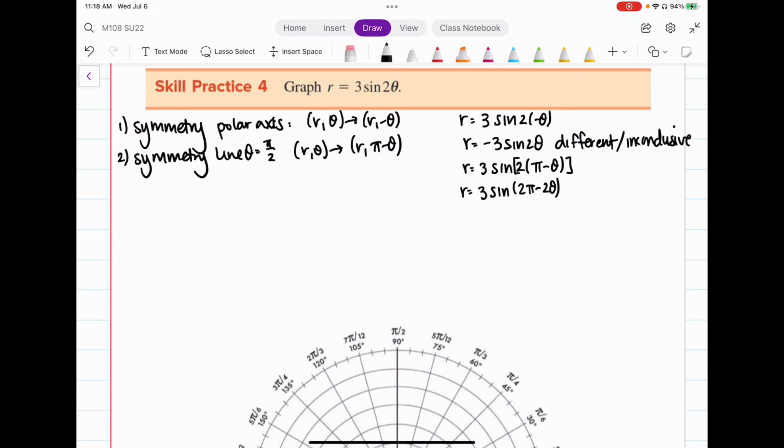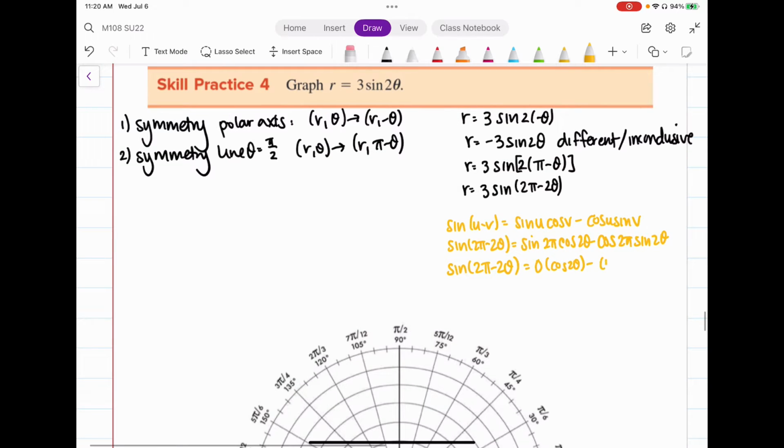And we have 3 sine of 2 pi minus 2 theta. Let's use the sine difference formula to determine what the sine of 2 pi minus 2 theta is. This gives us sine 2 pi cosine 2 theta minus cosine 2 pi sine 2 theta. And remember, we don't know what the sine or cosine of 2 theta is, but we can evaluate the sine of 2 pi and cosine of 2 pi based on the unit circle. The sine at 2 pi is 0, and the cosine at 2 pi is 1.